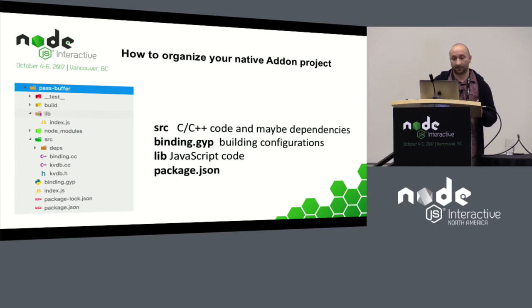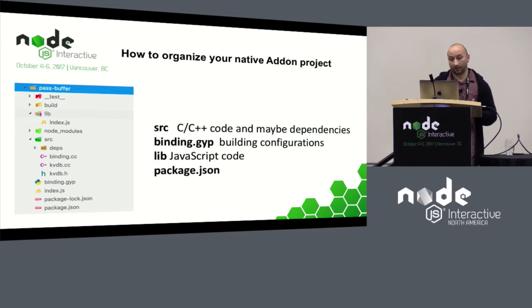We have the usual package.json and a new file called binding.gyp. Here, there are all the build configurations that Node.js will use to compile and build your native add-on. At the end, your module will be composed of two parts, one written in C++ and another written in JavaScript.